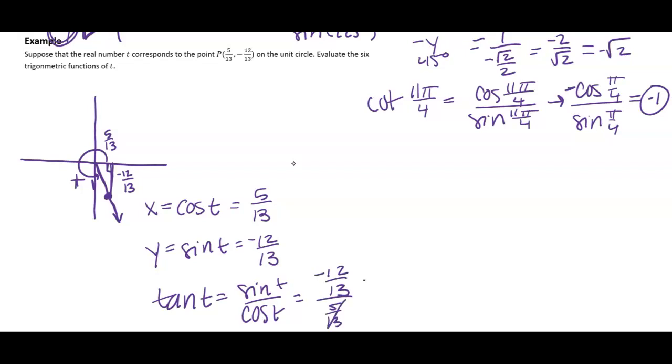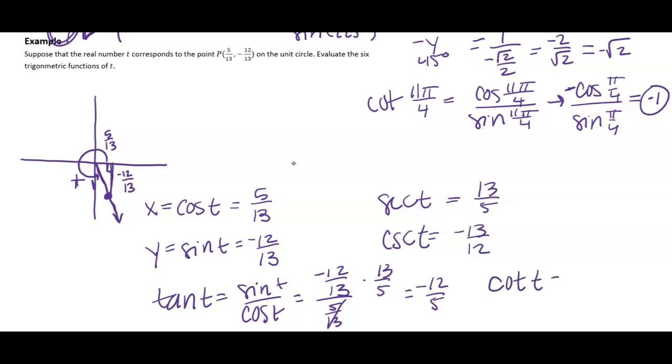I'm going to multiply by 13/5 and get negative 12/5. Let's do secant of t. Well, that's just the reciprocal. Cosecant of t is also just the reciprocal. And then cotangent of t is also this reciprocal here.